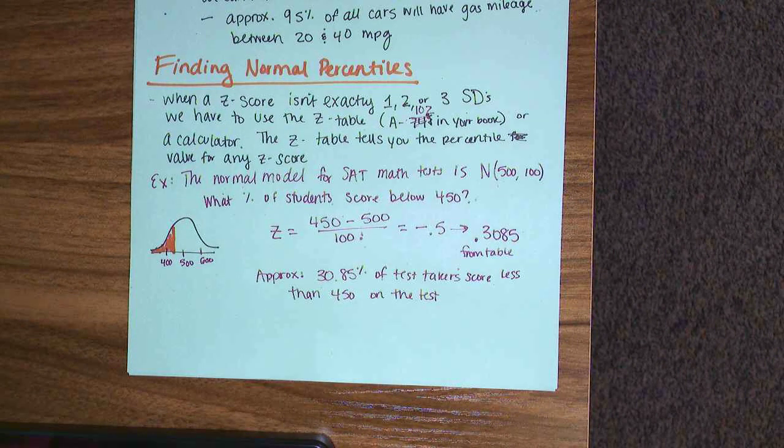This problem is going to be continued, but I'm going to have to go to another page to do it, because I don't have enough room at the bottom without completely squeezing it in.